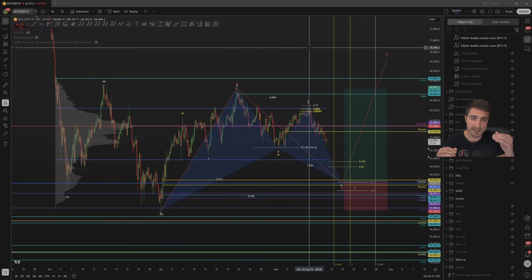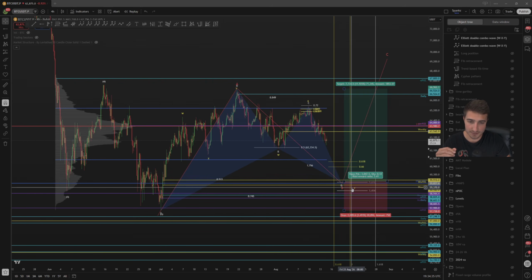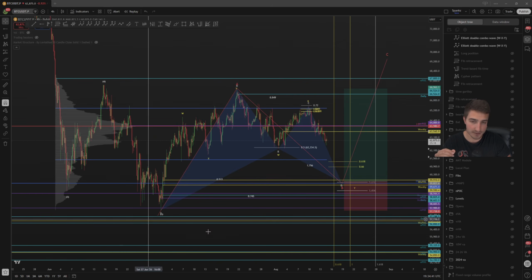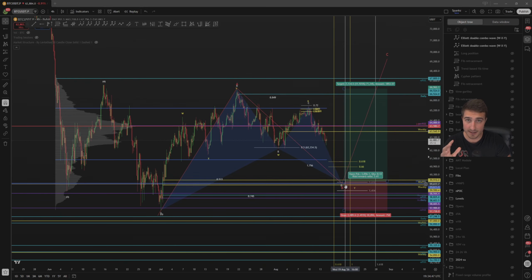And all this is telling you is where, how, and when price can get to this level, and where is the highest probability setup in this entire chart. Well, all of these frameworks agree that this is likely the best candidate and the highest probability.